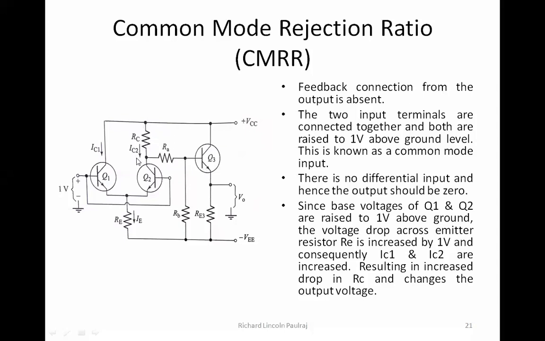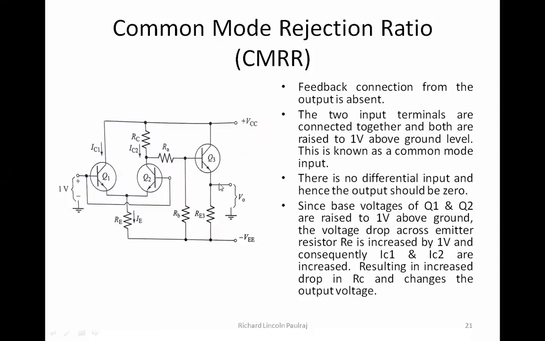Because of these changes, the output voltage is also changed, because here we have RA and RB as a voltage divider and the drop across RC changes. So the voltage that gets into the base of Q3 also changes. Now if this VBE changes across Q3, the output voltage is also going to change.